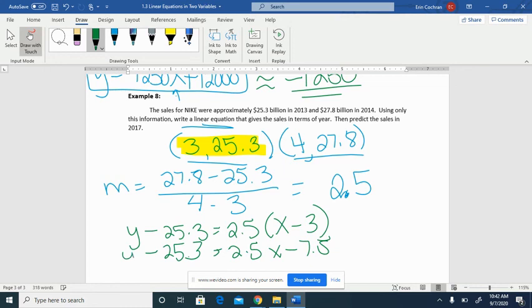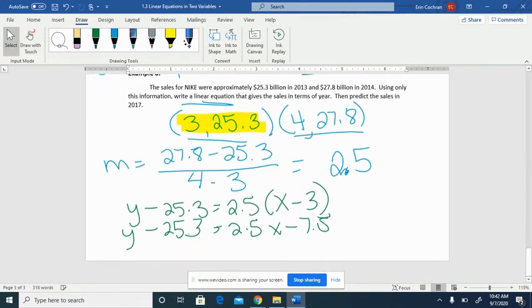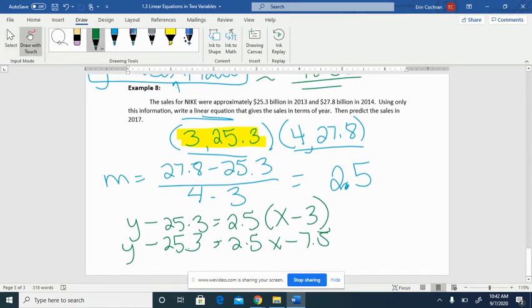Then we add that 25.3 to the other side, and we get y equals 2.5x plus 17.8. So what that means is roughly in 2010, they only had $17.8 billion.